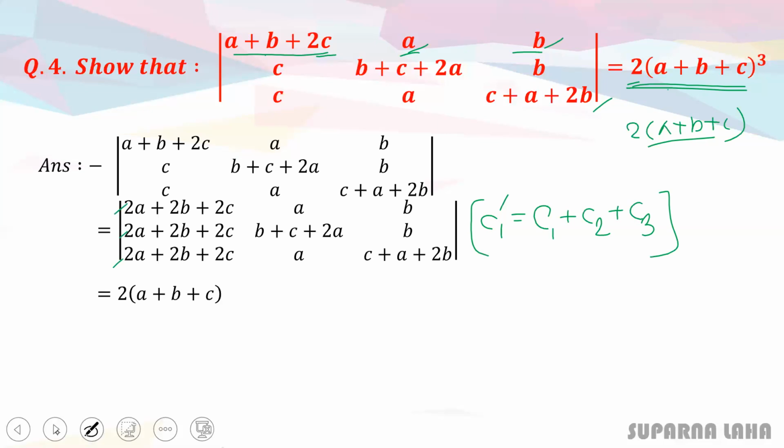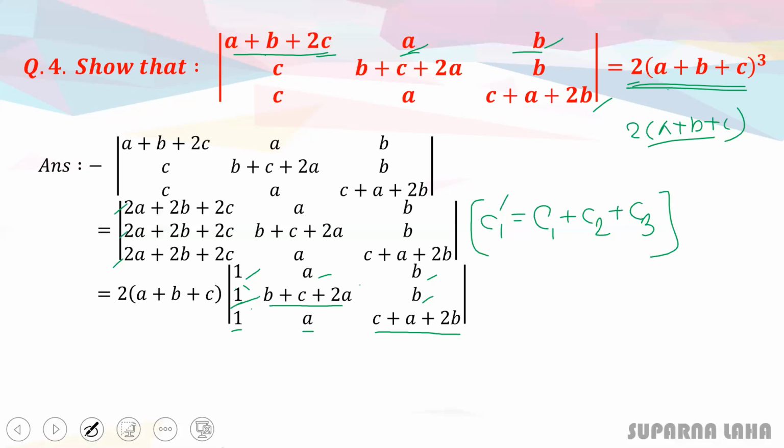Take common 2 into A plus B plus C. So you will find 1, A, B; 1, B plus C plus 2A, B; 1, A, C plus A plus 2B. Now you can easily make one element non-zero and the other elements 0 by the same operation you already used in the previous question.